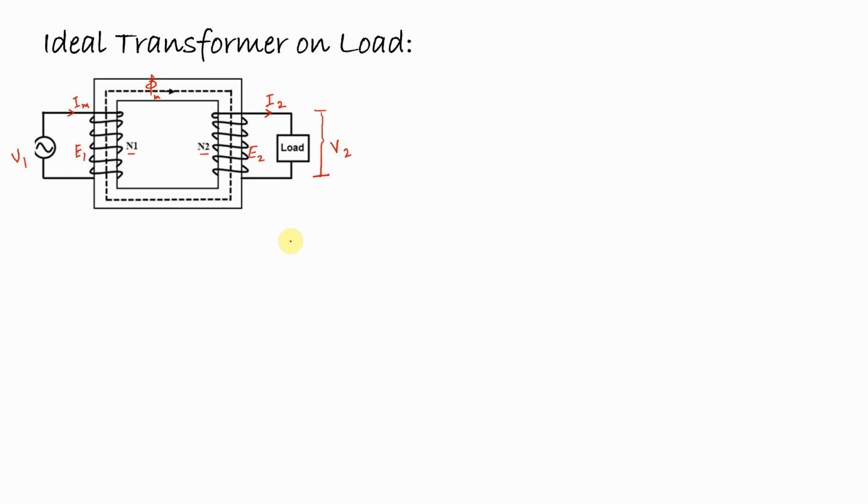Remember, here we are considering the ideal transformer. So there will be no losses in the primary as well as no losses in the secondary side. But what happens when the current is flowing in the secondary side? What will be the change in behavior of the transformer in the primary side? Let's see.